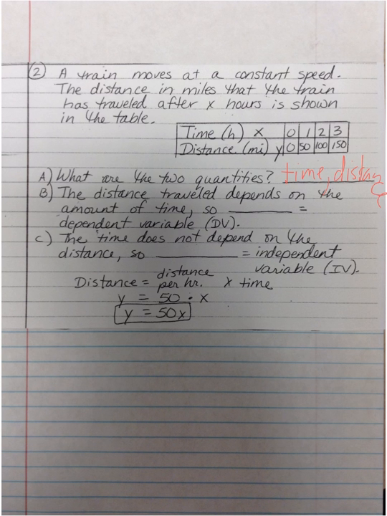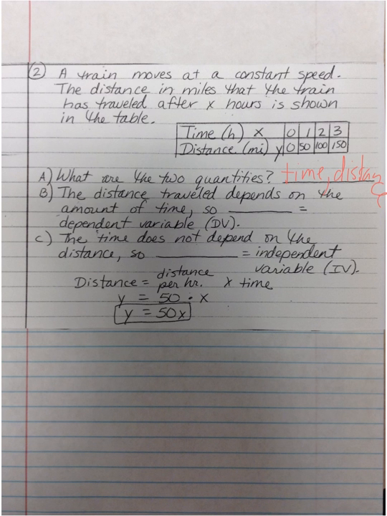Then for B, it says the distance traveled depends on the amount of time. So what equals the dependent variable? Basically we want to know what the dependent variable is. And the dependent variable is going to be the distance because it depends on the amount of time.